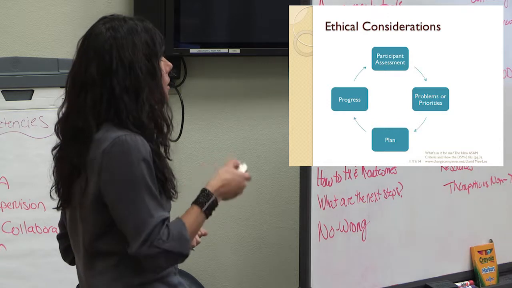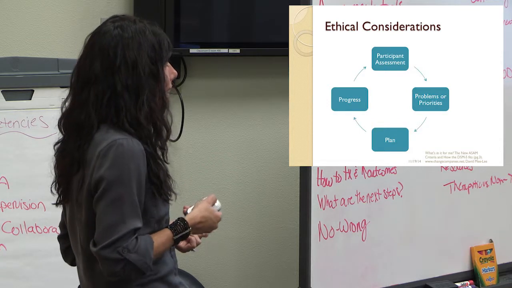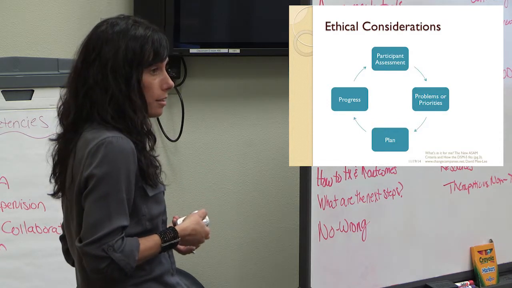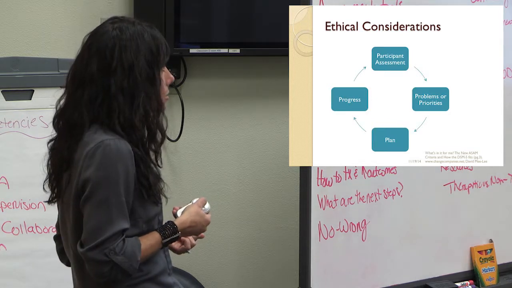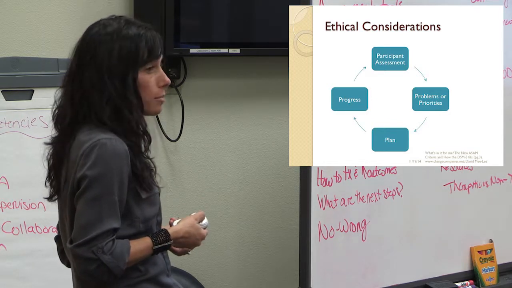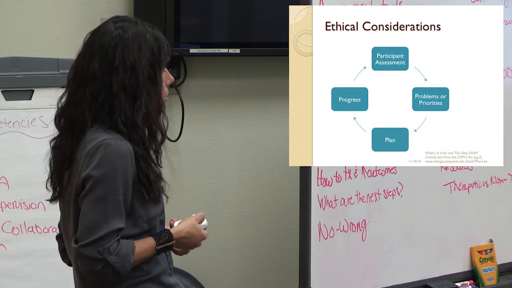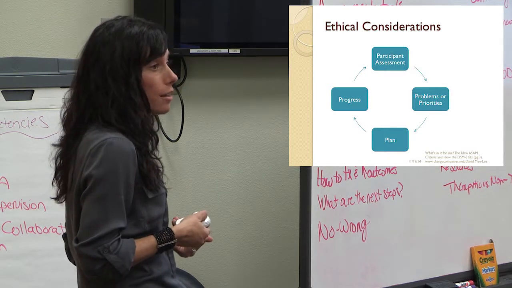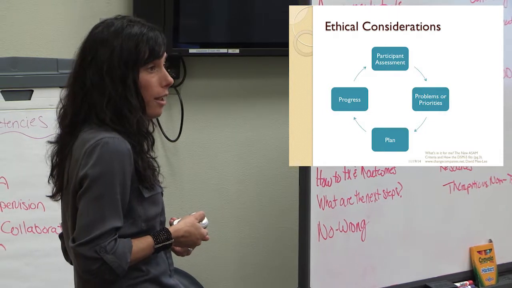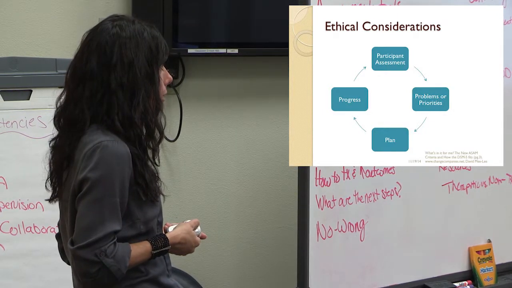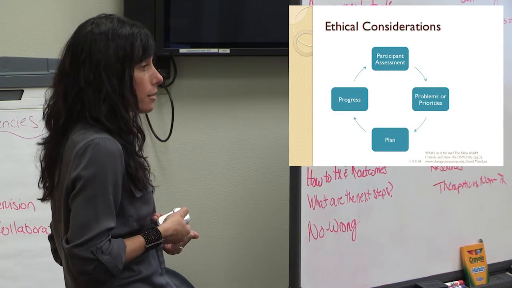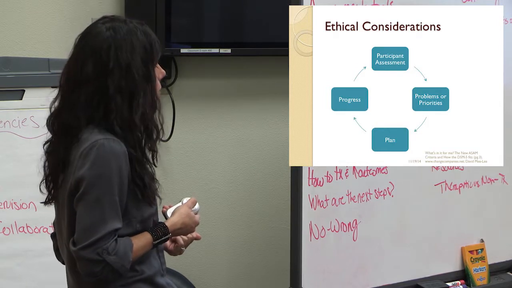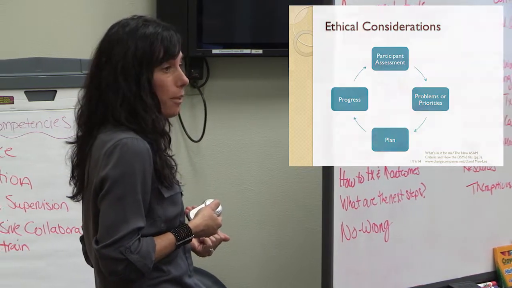So this is the feedback loop of that constant assessment process. It's not just assess, we need to also then prioritize based on our assessment. Does this shift our problems or our priorities around? Have new problems arisen that otherwise we hadn't known about that are going to change our priorities in our plan? And then are we monitoring progress, and if so, how? And then does that inform when we're going to assess the patient next?